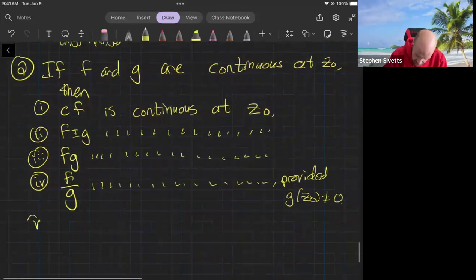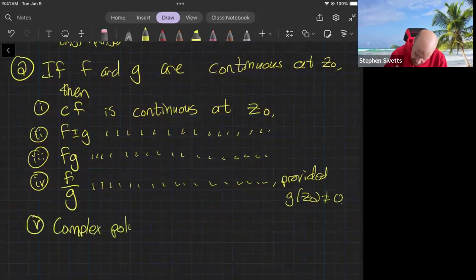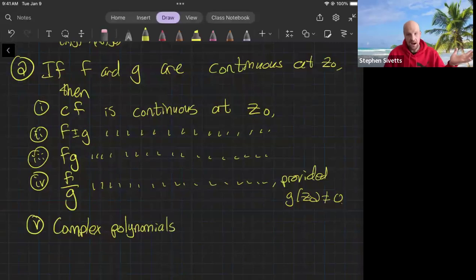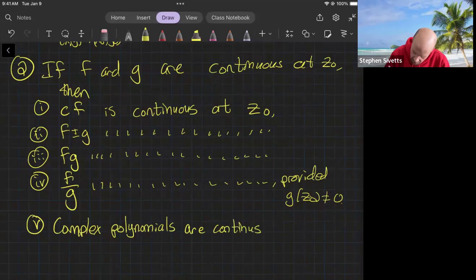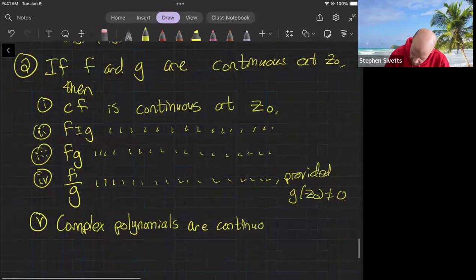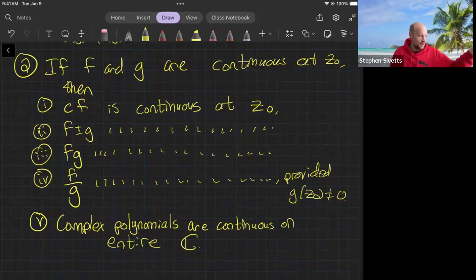And also, complex polynomials, a sum of coefficients and powers of z, are continuous on the entire complex plane. Okay, on the entire complex plane. All right.